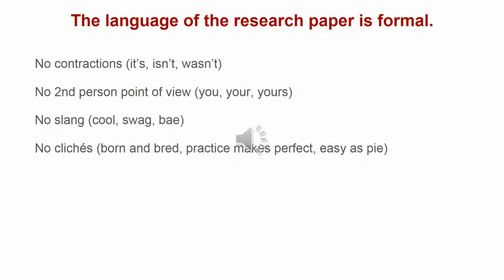No cliches, born and bred, practice makes perfect, easy as pie, just any phrase that's used a lot. You want your language to be unique, original, and fresh, expressing accurately what it is you would like to express in your paper.